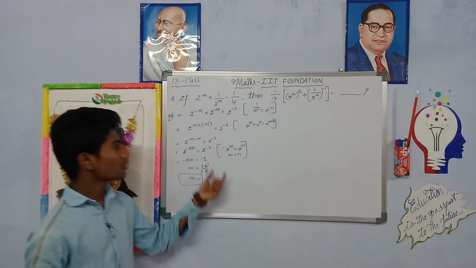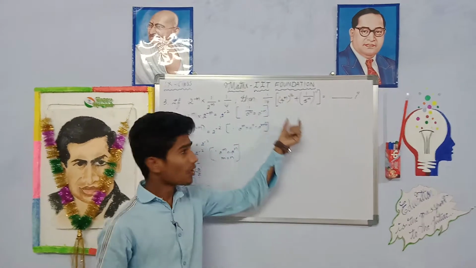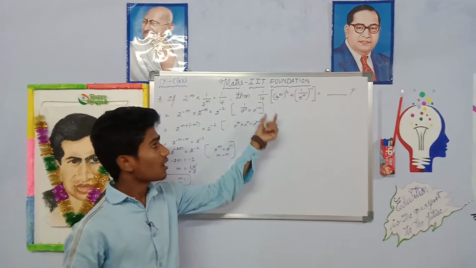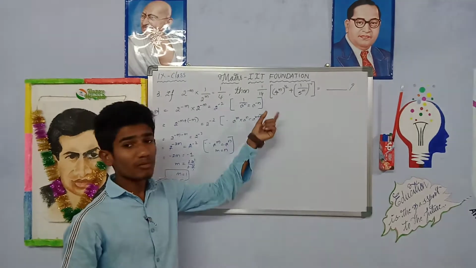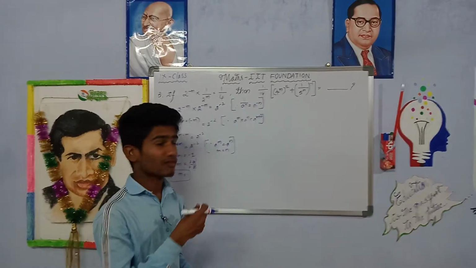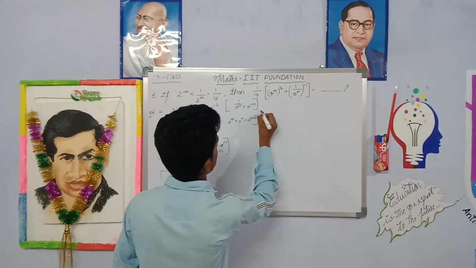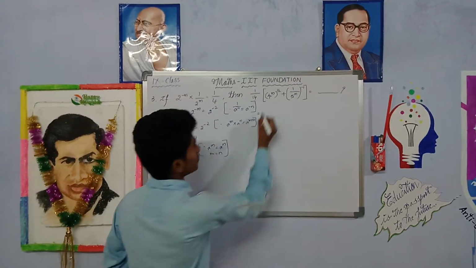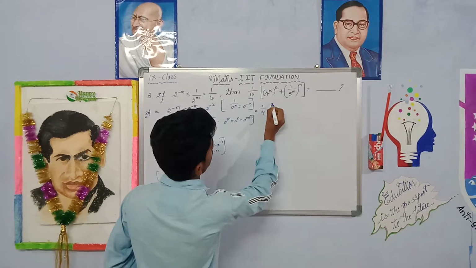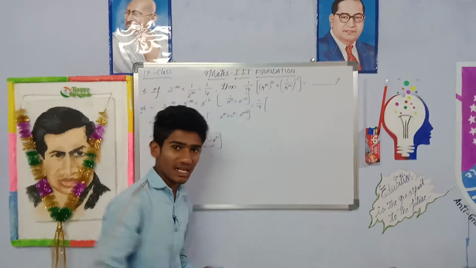So now we have to find the value of 1 by 14th of [(4^m)^(1/2) + (1/5^m)^(-1)]. Now inside the bracket, 4 can be written as 2 square.